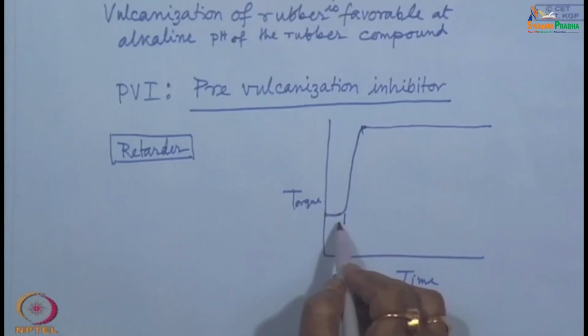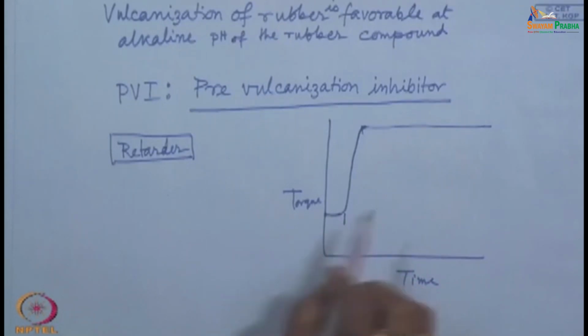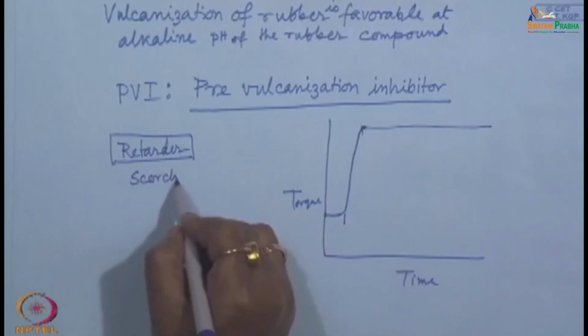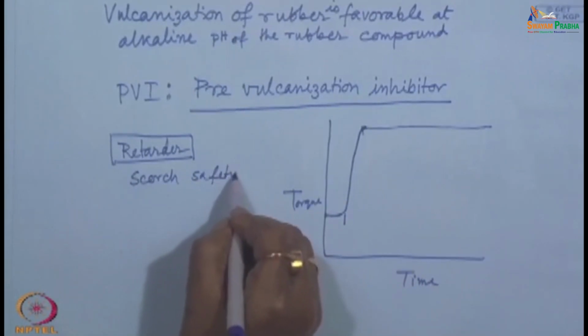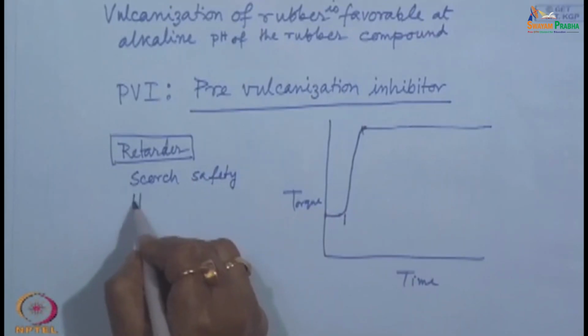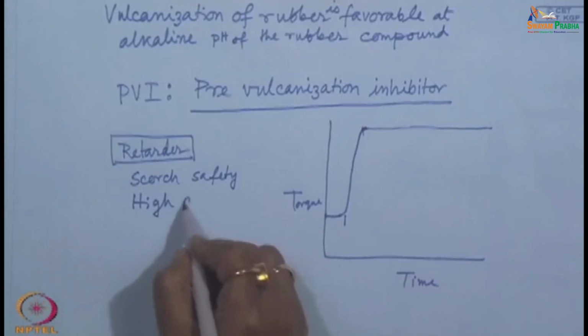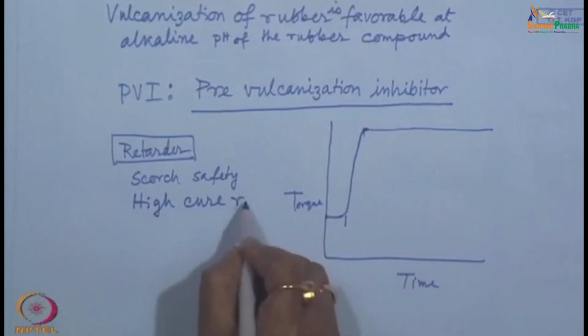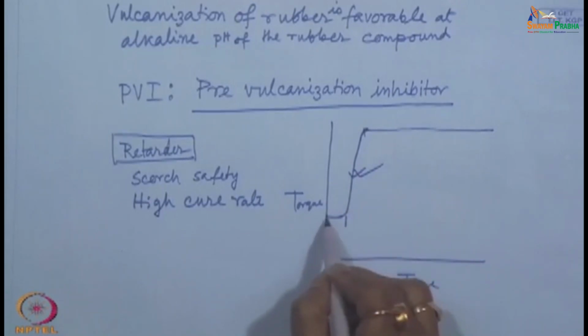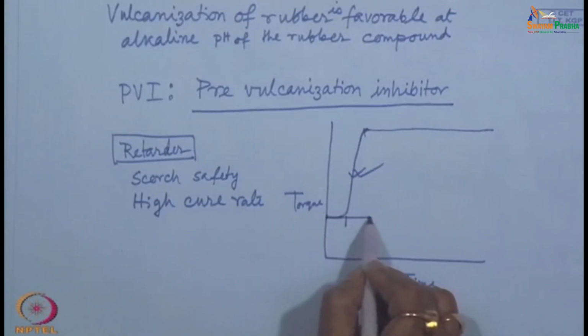That means that the retarder will provide some scorch safety while maintaining the high cure rate, high vulcanization rate. This is maintained, but the start can be delayed this way.